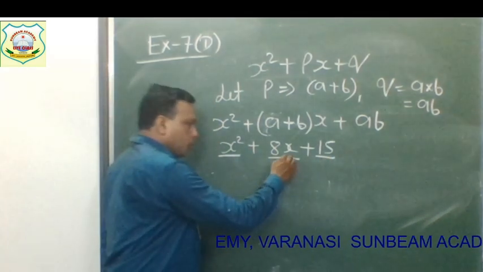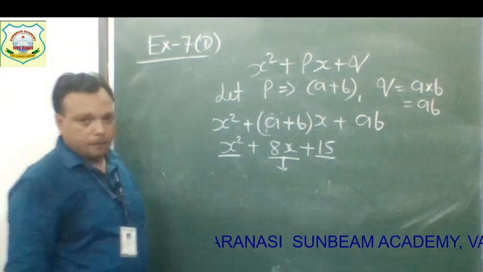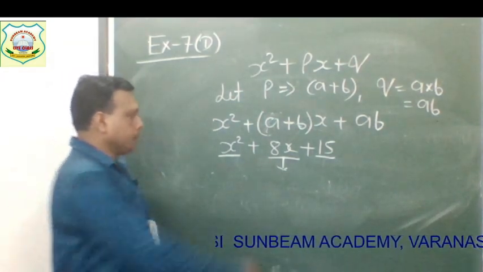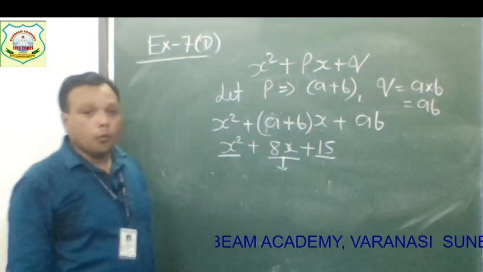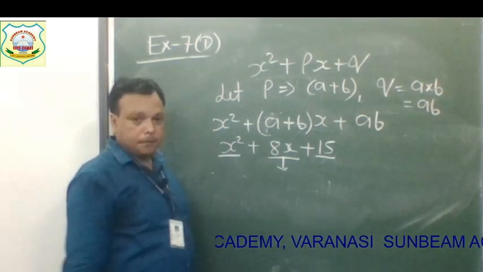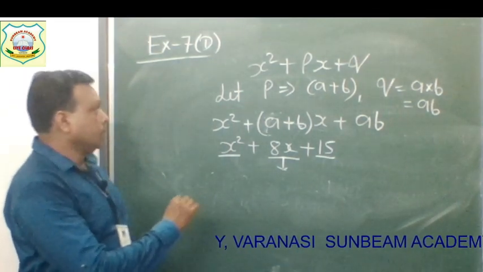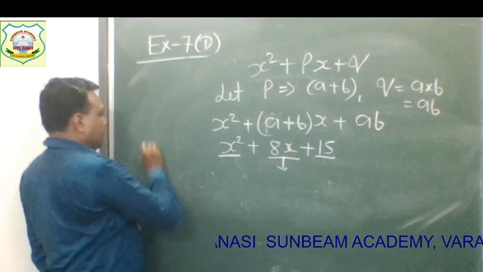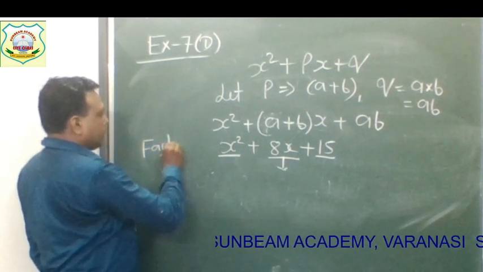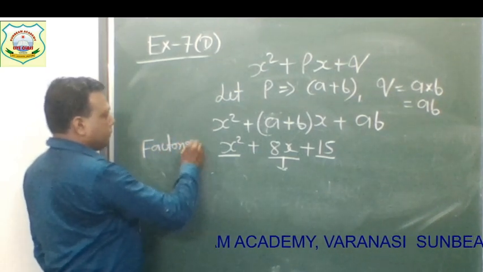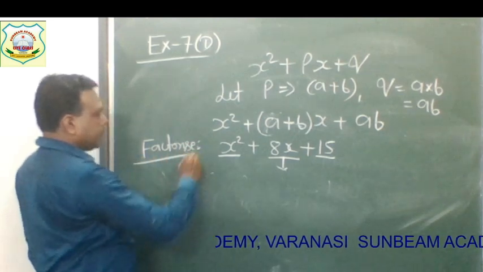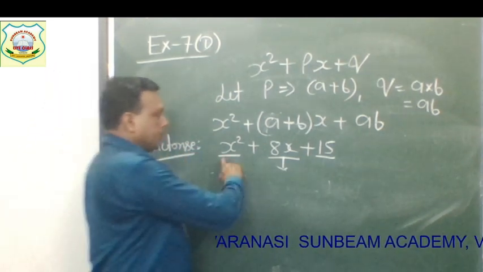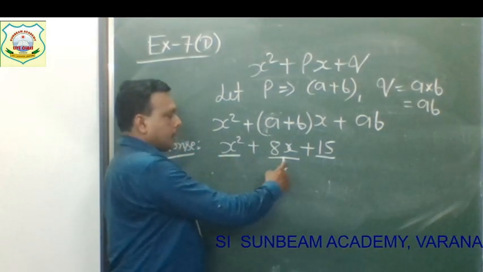So what we have to do, the middle term should be split, but how will we split it? Because this is the form, we want to factorize it. In the case of factorization, first we check for a common value. So there is no common value in x square plus 8x plus 15.